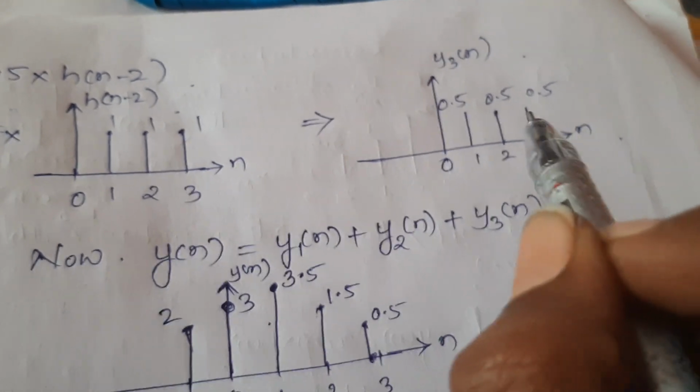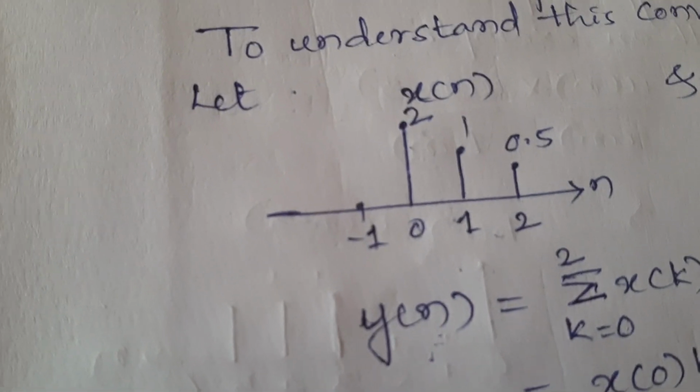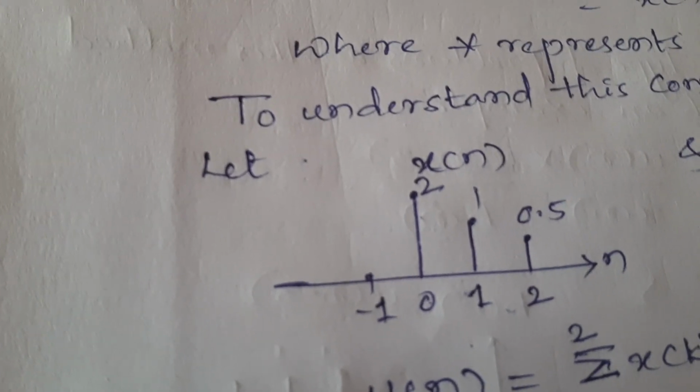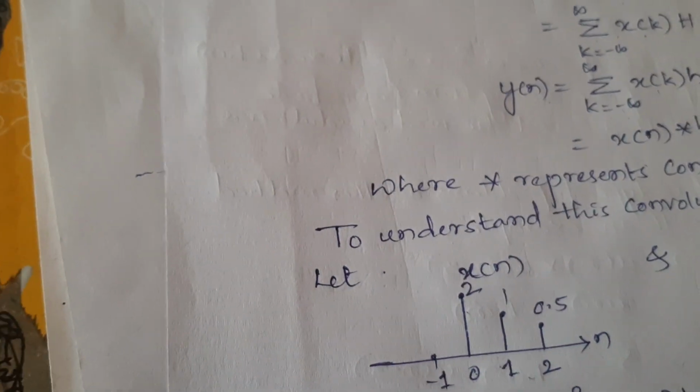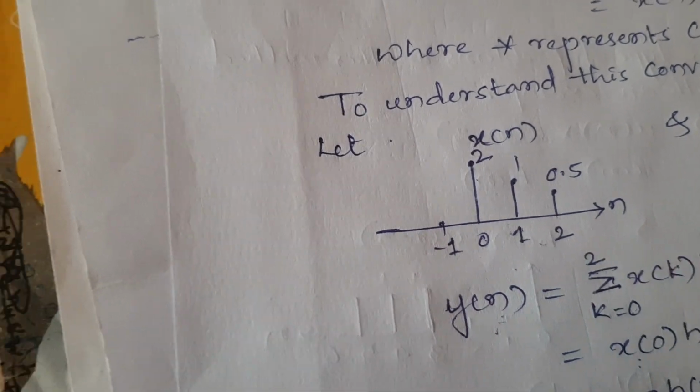So we had only 3 samples with our x of n signal, so we'll have only 3 sub intermediate outputs, at 0, 1 and 2.